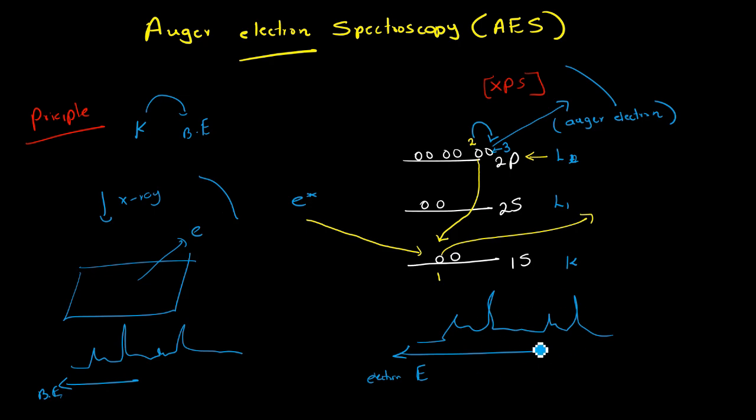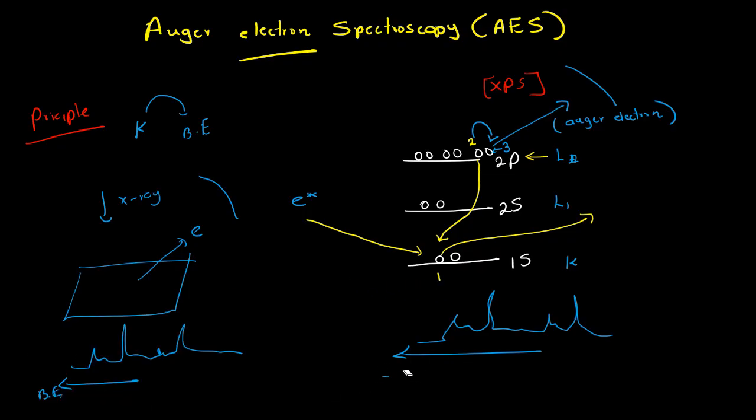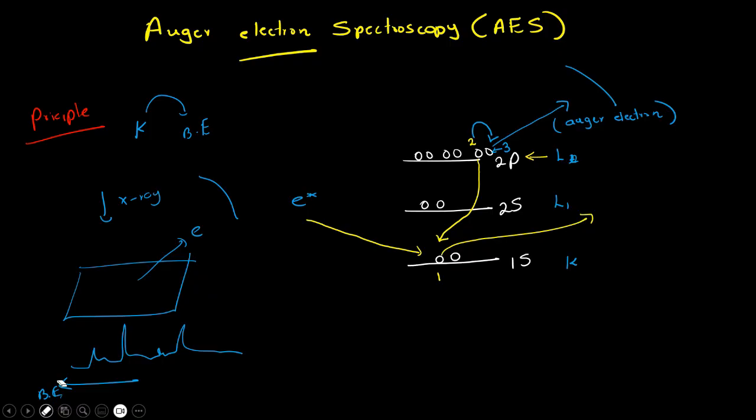Now, let me ask you a specific question, right? What will happen in the Auger process, this AES process, if your surface becomes more positive?